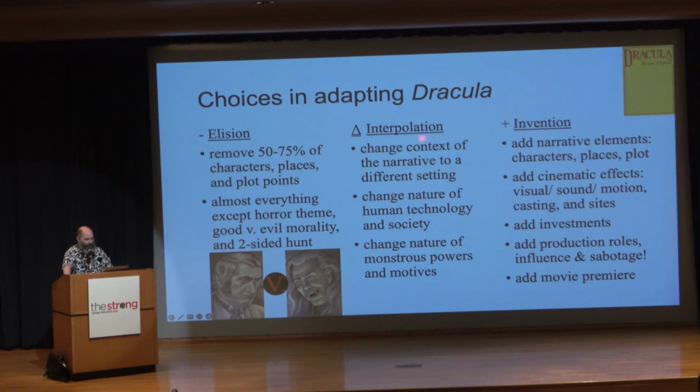Now, for interpolation, I would ask my students to update the narrative to be a different setting, so it's not 19th century England. Adapt the nature of human technology and society, because the way I read the novel Dracula, it's a commentary on the changes in communication technology specifically.